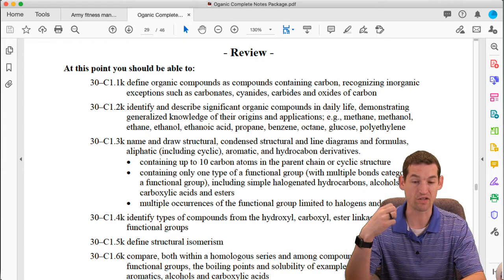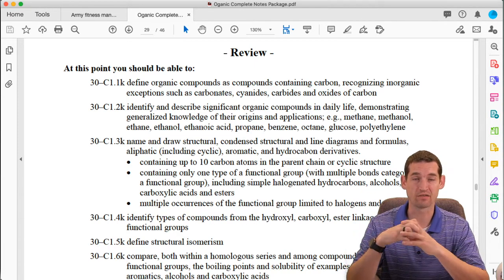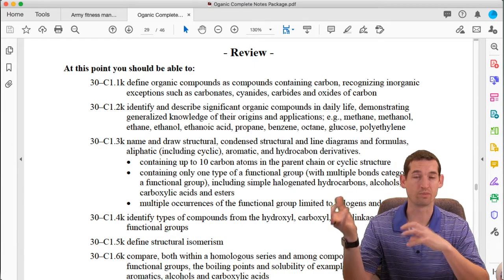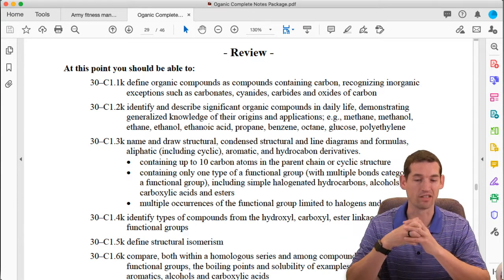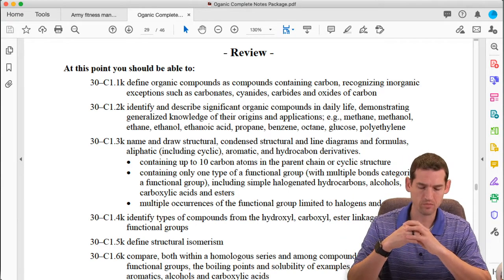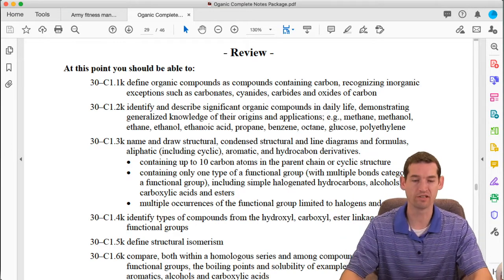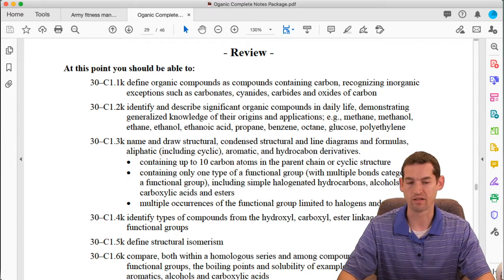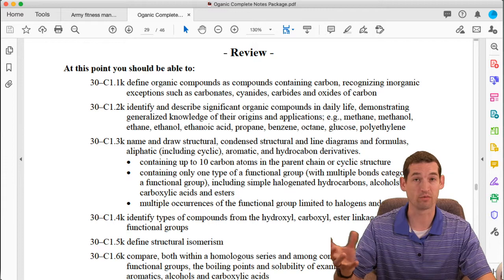Ethanol is the type of alcohol that you would be able to consume. It's also in gasoline and fuels like that. Ethanoic acid is vinegar. Propane's in your barbecue. Benzene is in a lot of the aromatic molecules that we talked about. Octane is a common component of gasoline, or at least related molecules. And glucose you should know.